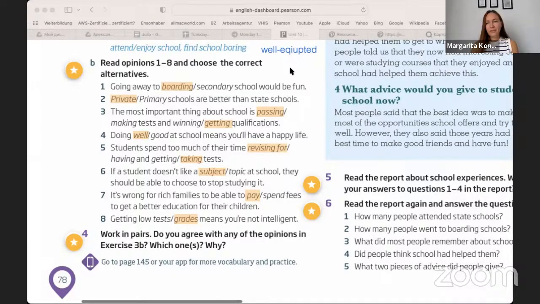But a lot of children don't like it, and a lot of children like to spend time with friends, maybe spend time on activities in school, but they don't think about passing tests. Yes, that's true.